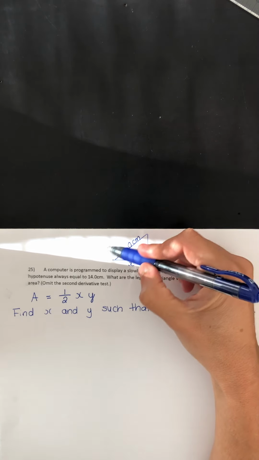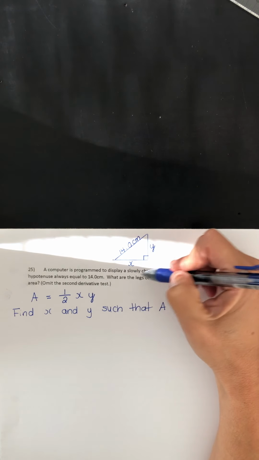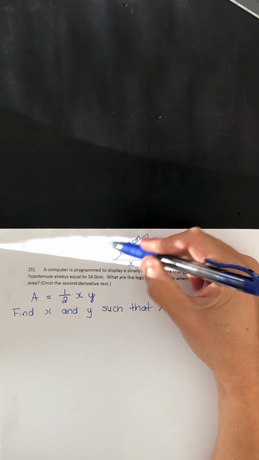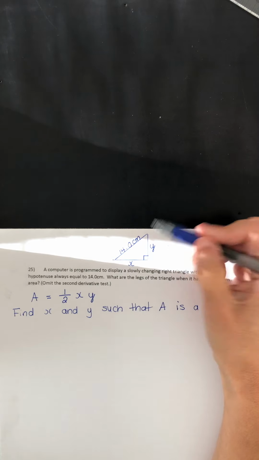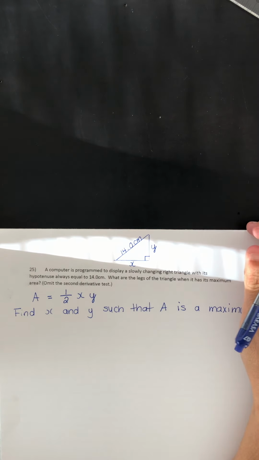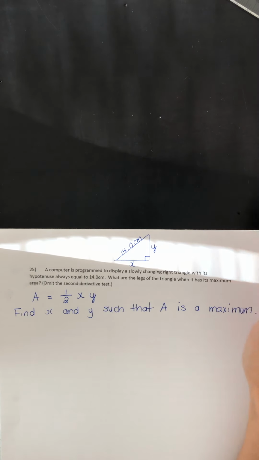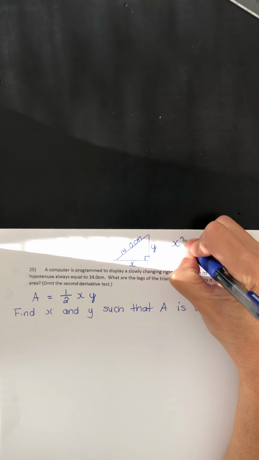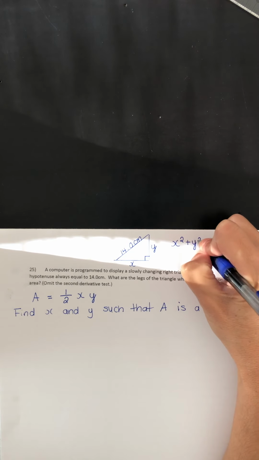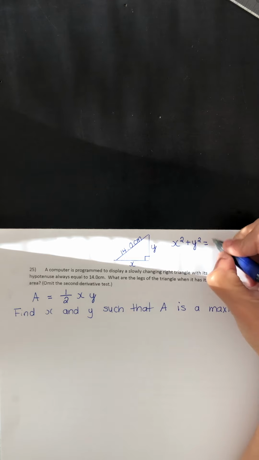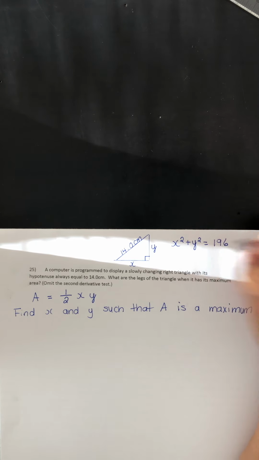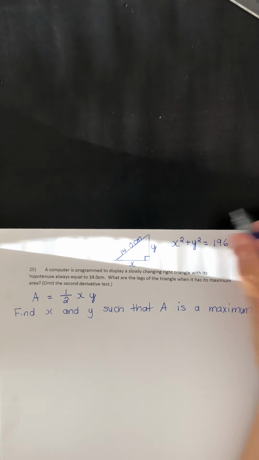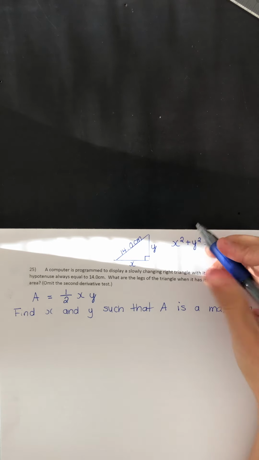We need an equation from this triangle that links X and Y. And hopefully you know that this would be the Pythagorean theorem. So for this triangle, x squared plus y squared is 14 squared, or 196. So from this, why don't I isolate y?